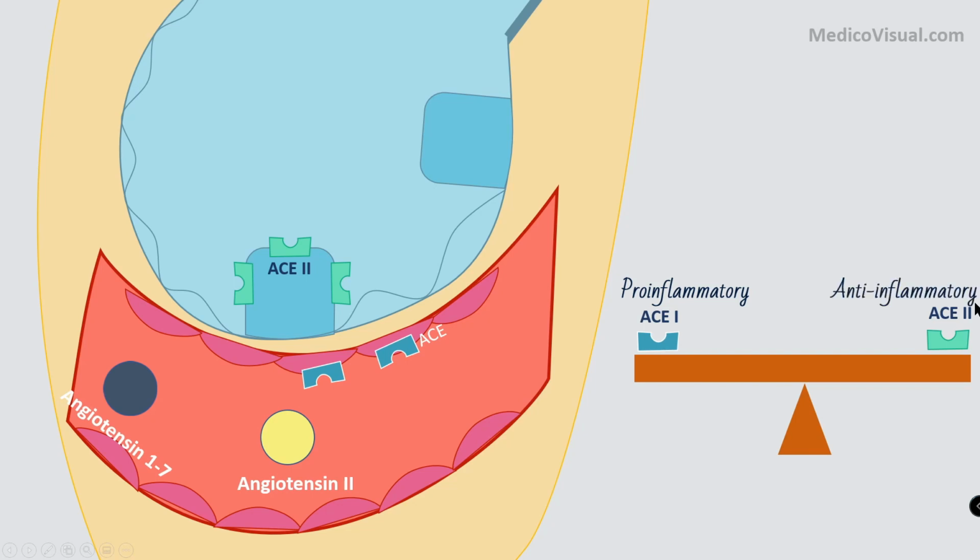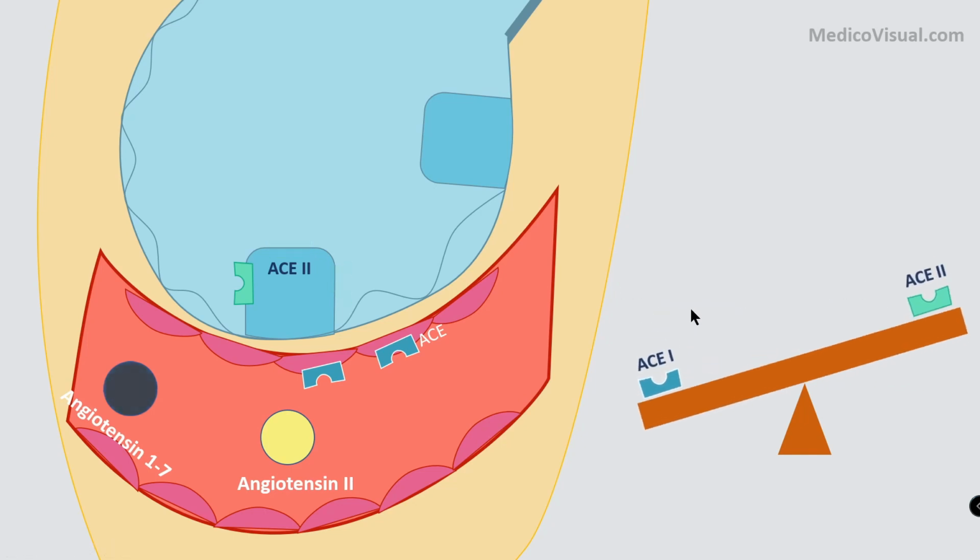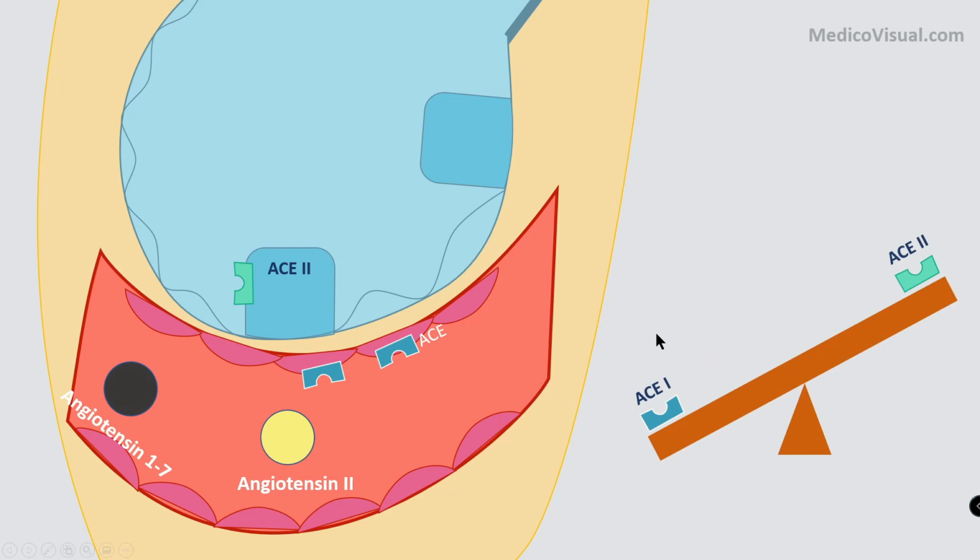In coronavirus infection, ACE2 is down regulated and decreased, so ACE1 will be overpowered. When these pro-inflammatory ACE1 are overpowered, inflammation is further exaggerated, right?